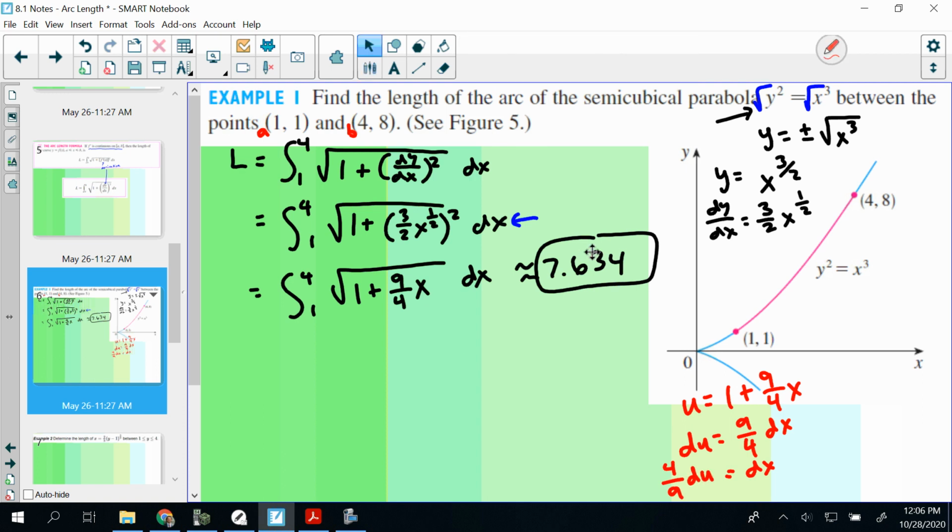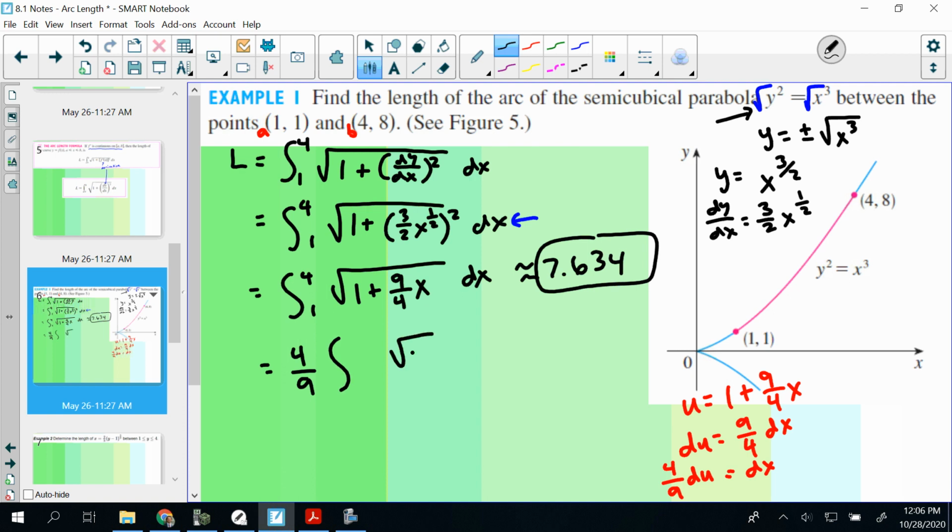So I'm going to change our integral. I'm going to put that 4/9 out in front because that's a constant. This is going to become just the square root of u du. And then either you have to leave those limits alone or substitute back in later, or change them now. I'm going to change them now.